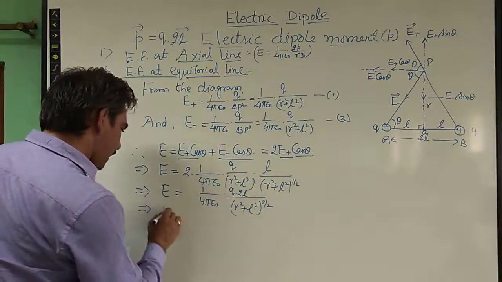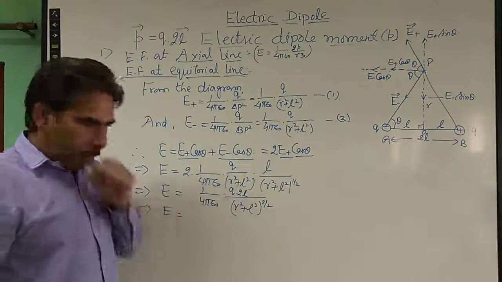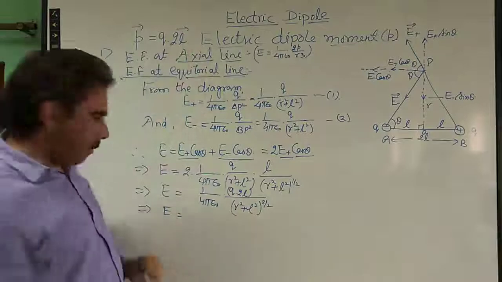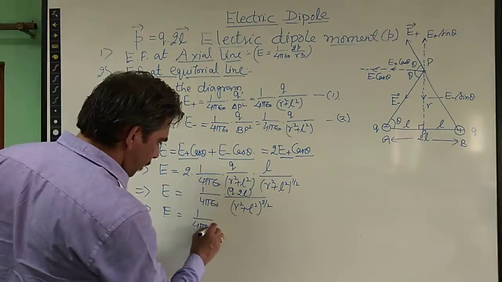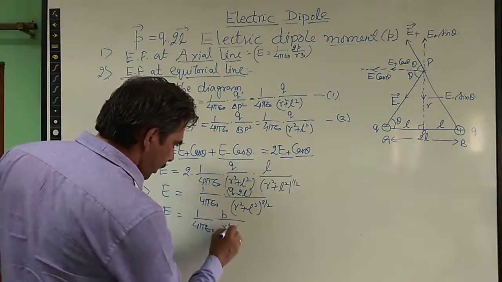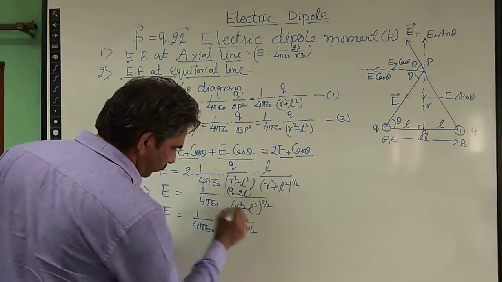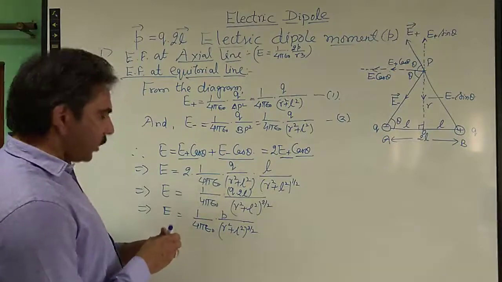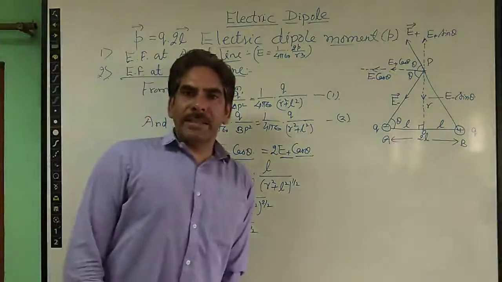And hence the final expression reduces to, because this term we already know is the electric dipole moment, 1 upon 4 pi epsilon naught into P divided by R square plus L square power 3 by 2. So this is the net electric field due to the dipole at any point P on its equatorial line.